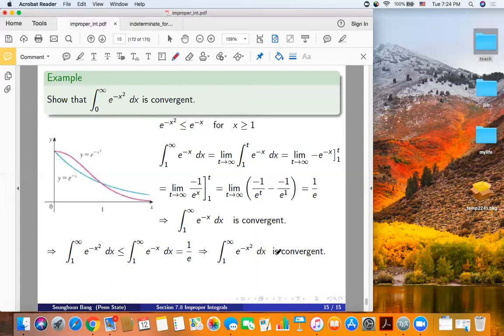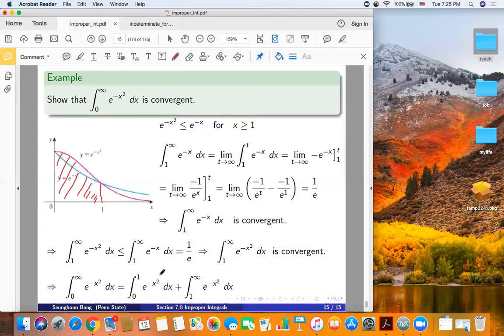This is not final. The original problem is the integral from 0 to infinity, so you have to split it into two integrals. The integral from 0 to 1 of e to the minus x squared is the area under the curve.